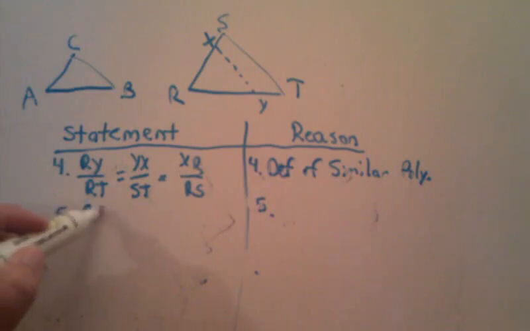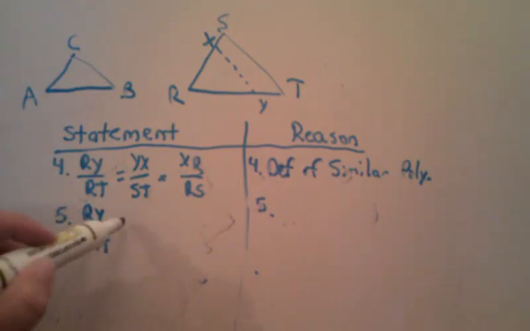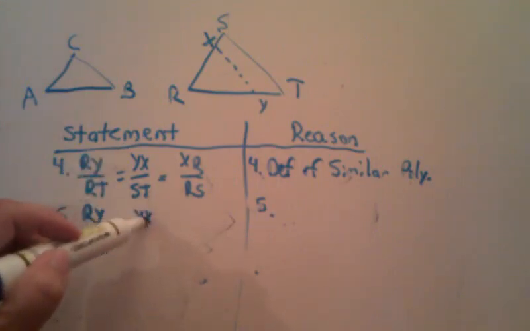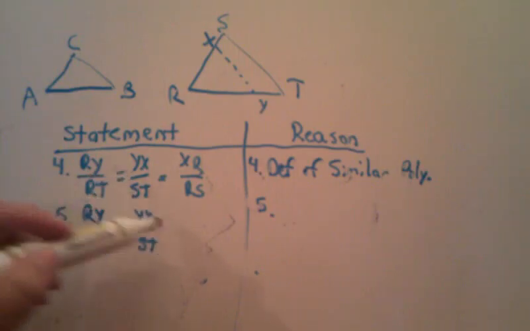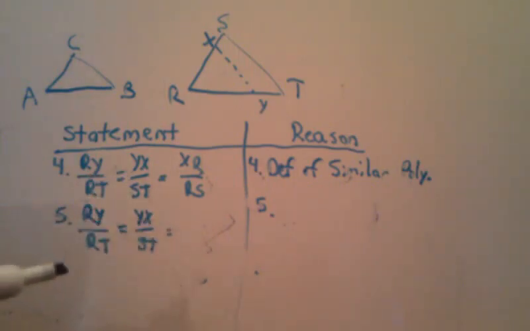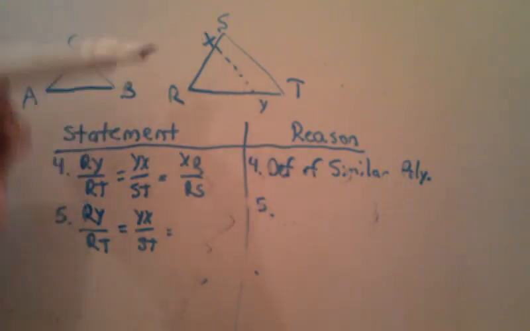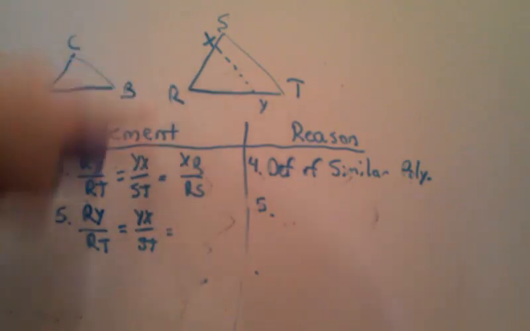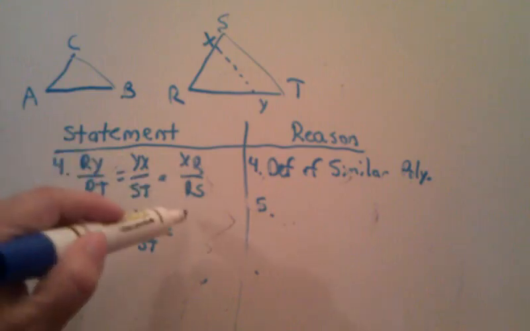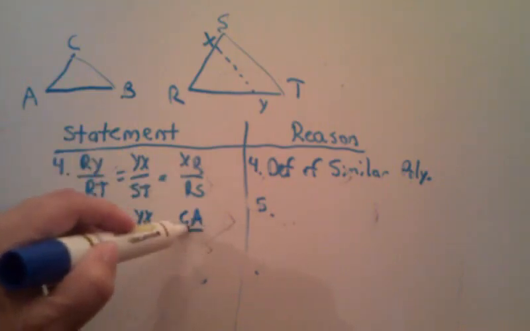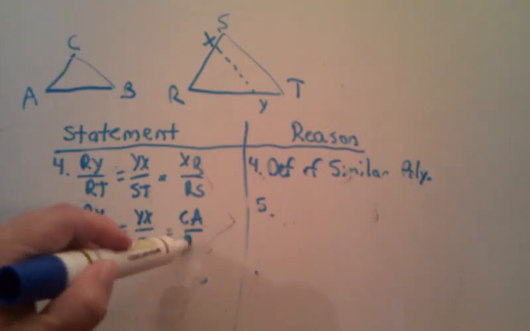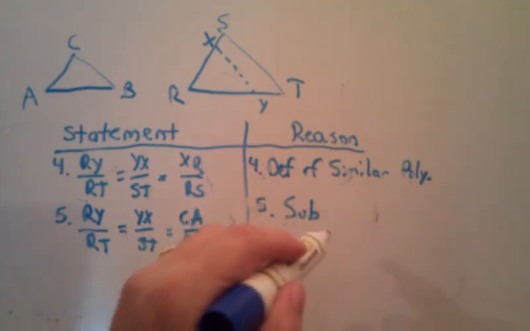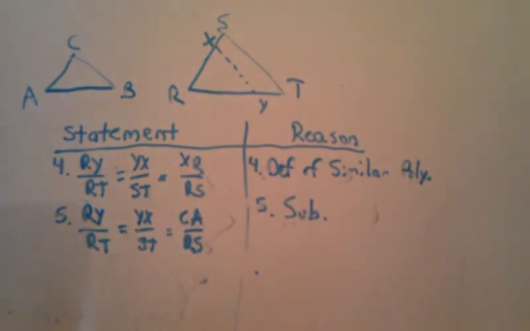RY is to RT as YX is to ST. We're going to keep that part as, instead of XR, we're going to substitute CA because we said these two sides are equal, right? So instead of XR, we're going to put the CA there instead, as CA is to RS. And all we did was substitute. Substitution. Okay?